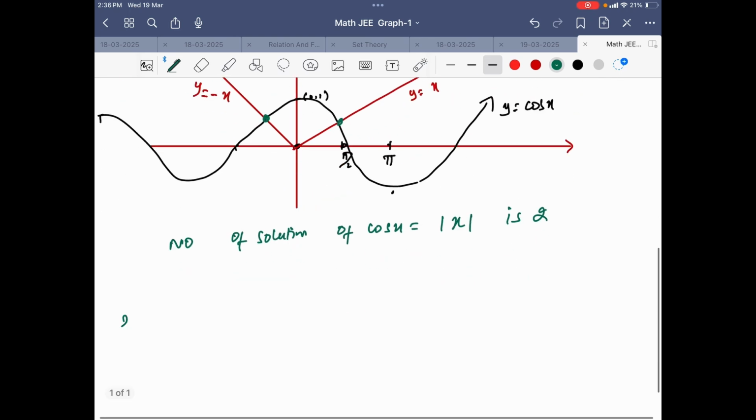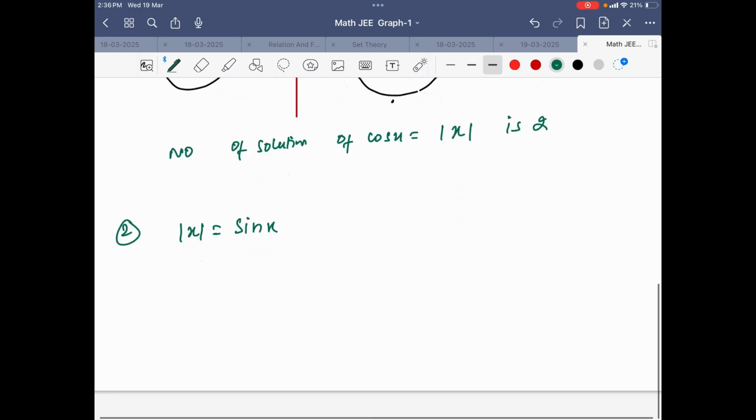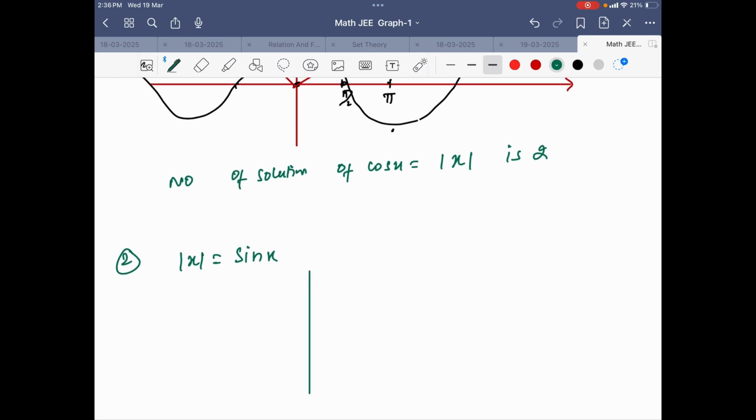Let me take another example. Let's take mod x equal to sin x. You can use the same idea. First draw the sin x graph. This is the x-axis, this is the y-axis. If you put x as 0, sin 0 is 0. At pi by 2, sin pi by 2 is 1. At pi, sin pi is 0.